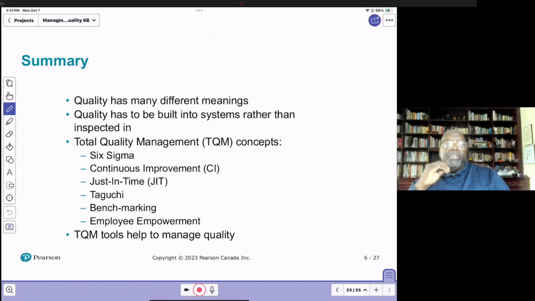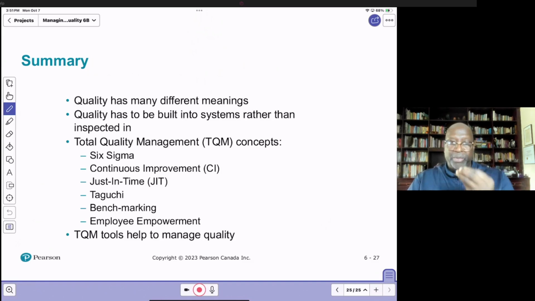All right? Even though it is not the sexy thing it used to be in the 80s and the 90s, the reality is that quality is still important, because everyone wants quality and they expect it. So quality is no longer an order winner. It's actually what we call an order qualifier.